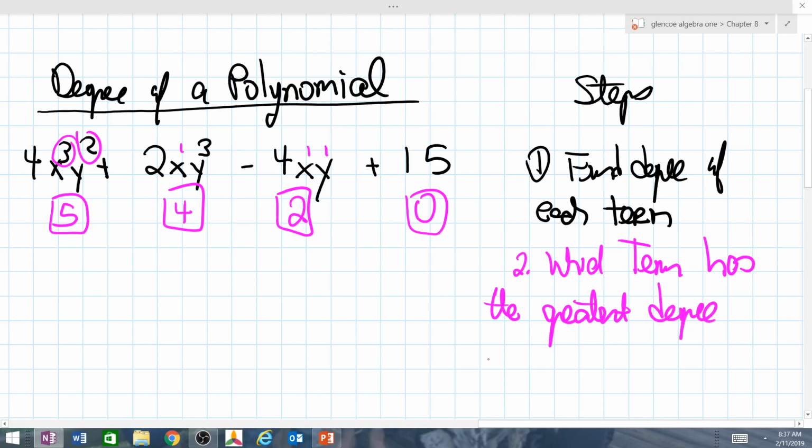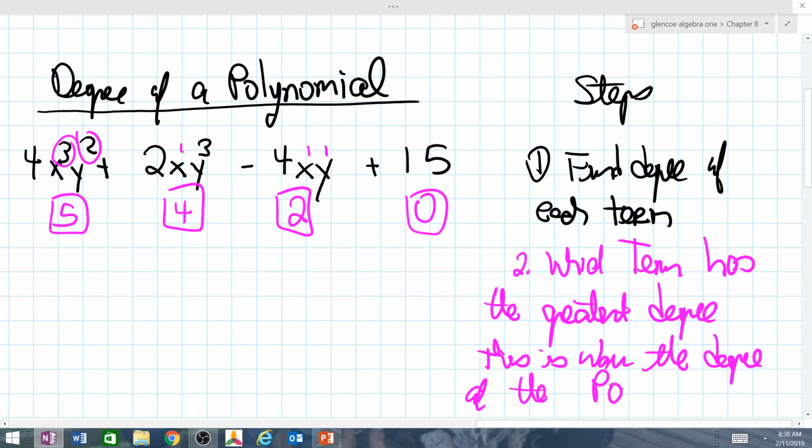That's the degree of the polynomial. So it's whoever has the highest number wins. So what would the degree of this polynomial be, guys? 5. So the degree is 5. Why? Because 5 is bigger than 4, 2, and 0.